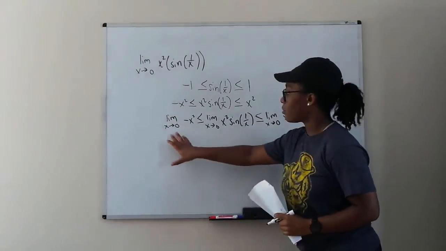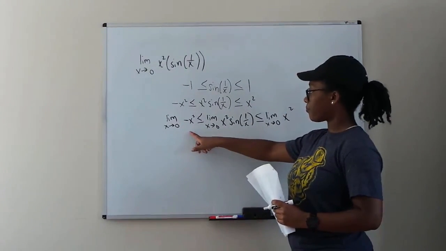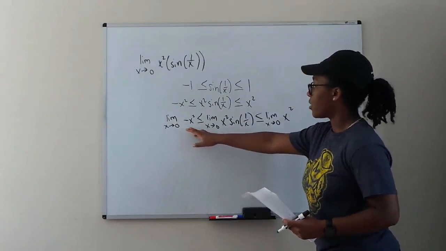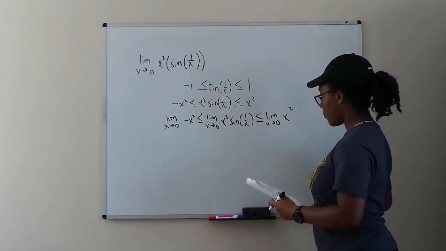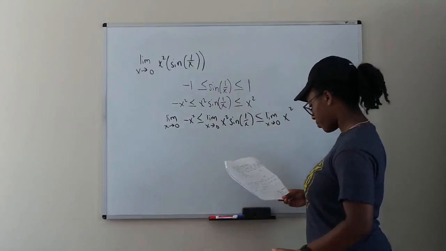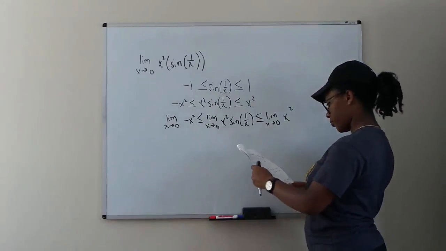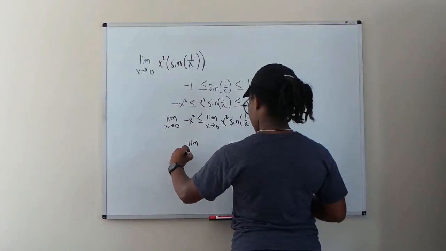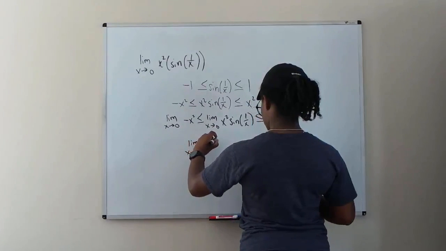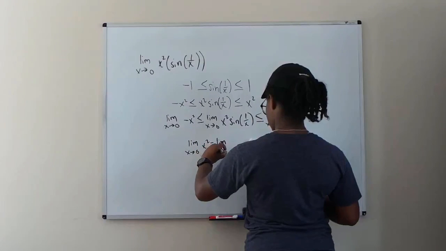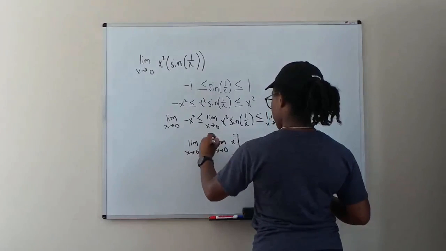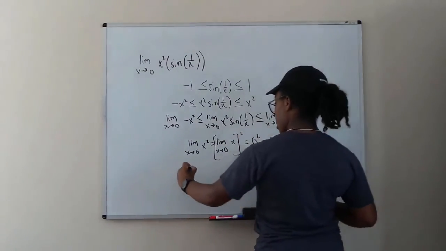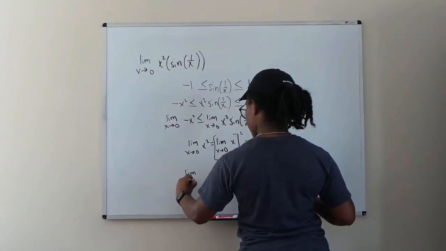Okay, so if we just directly substitute the limit in, we know that if we put 0 in for x, it'll be 0 for the negative x squared, and it'll also be 0 for the x squared. Okay, so we're going to have the limit as x approaches 0 of x squared is going to equal 0. And I'm just going to write out how we solve this using one of our limit laws.